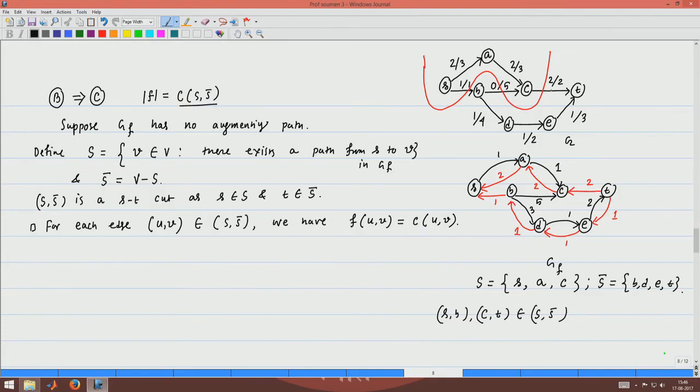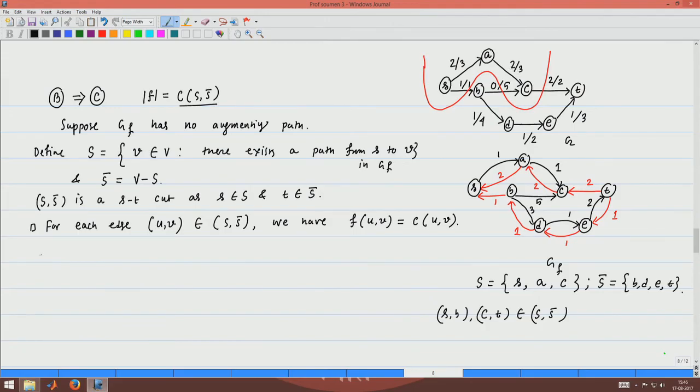Why should this be true in general? Because if the flow is strictly less than the capacity, then there will be a forward edge u v, or C T, in the residual network. Then T would be in S itself.